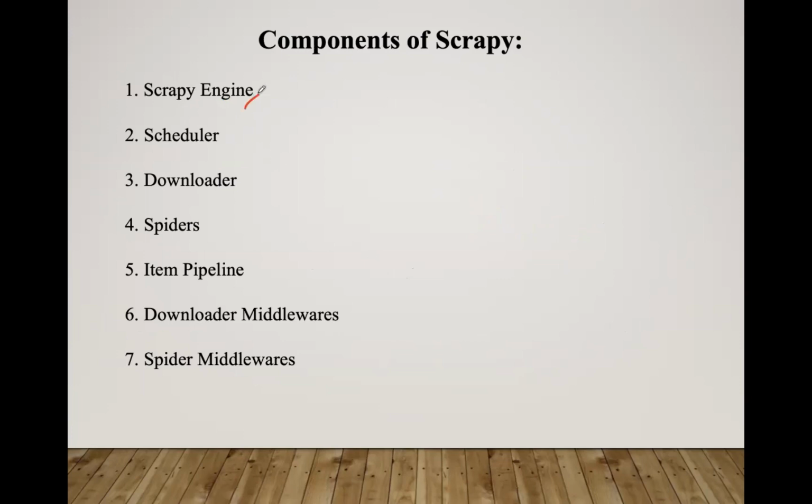The engine is responsible for controlling the data flow between all the components of a system. There will be multiple components in the system, right? The data flow between all of them will be controlled by the Scrapy engine.